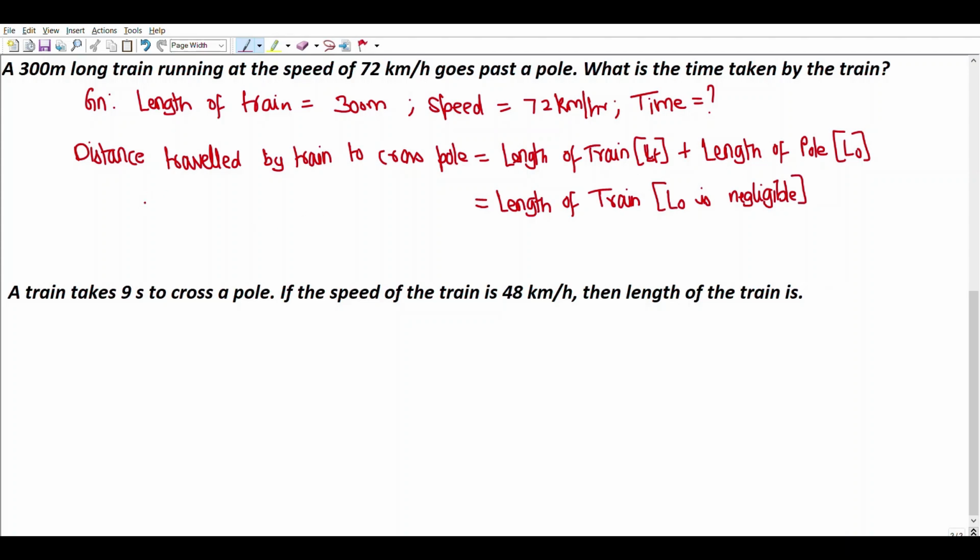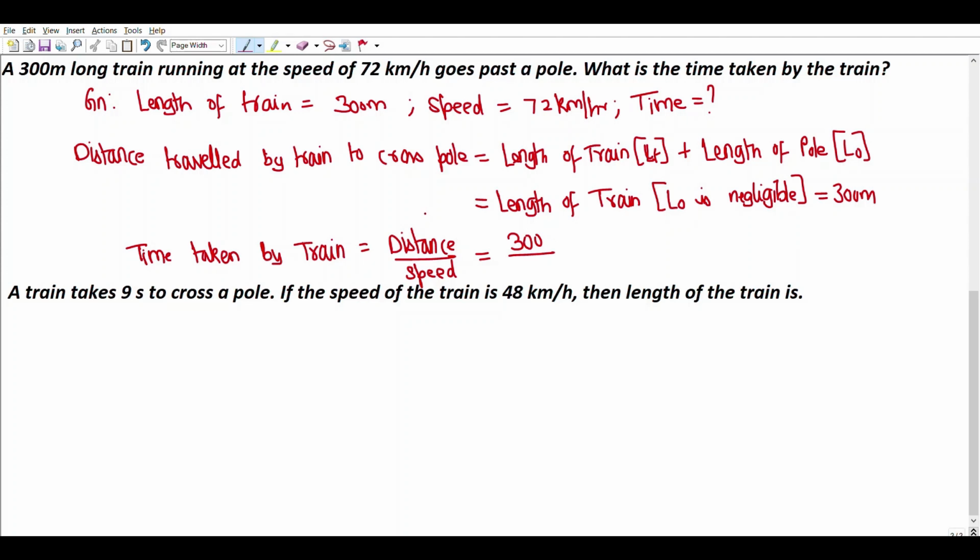Henceforth, we know that time taken by train is equal to distance traveled by the train to cross the pole divided by speed of the train. Here distance we found as 300 meter, whereas speed remains 72 km per hour.